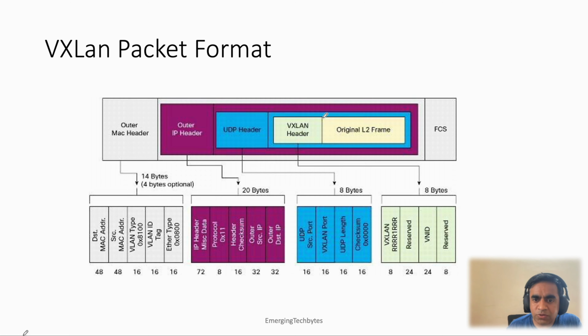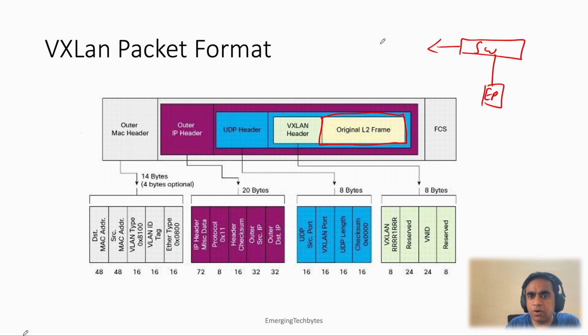This is your original Ethernet frame that comes from the end host. Your end host is sending this layer 2 frame. So this is your end host, let's say an endpoint. It's connected to a switch.